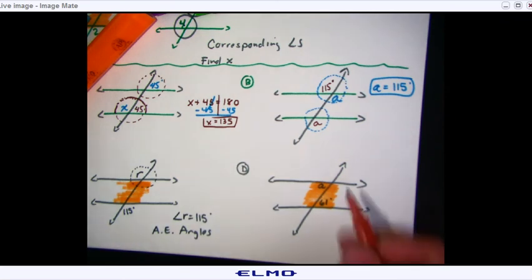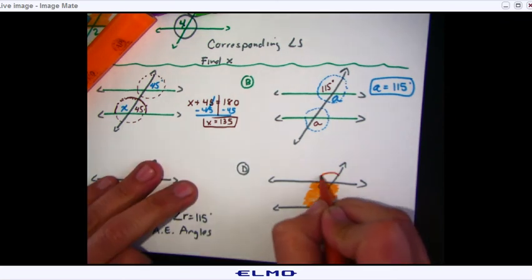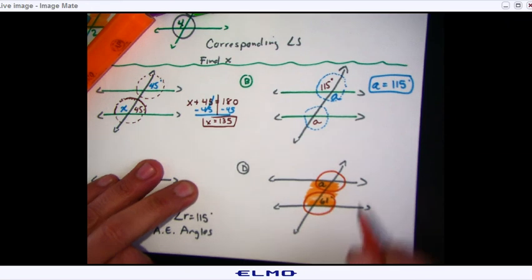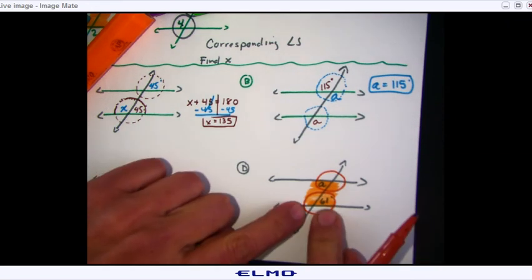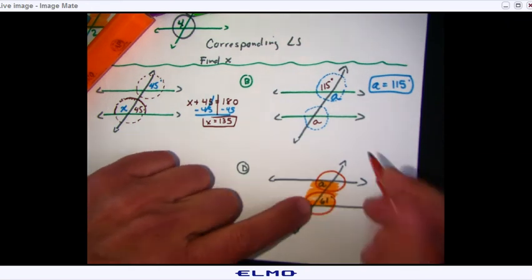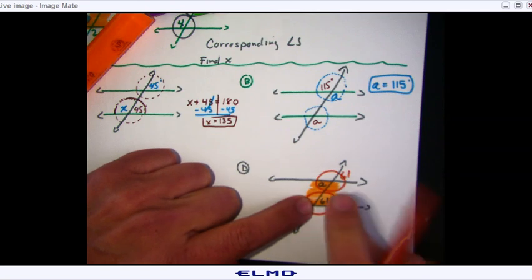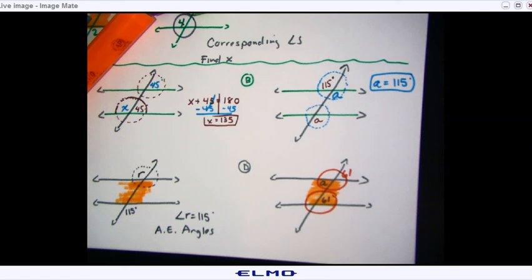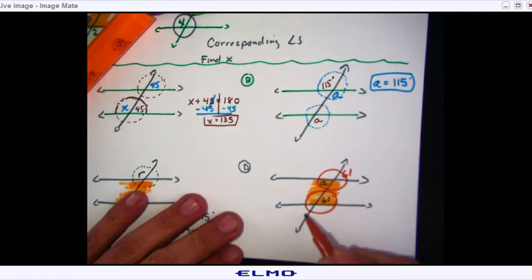If I were to do a circle here, we got two circles, the 61 would actually fall right here, right? So see how they're across from each other? They're going to be the same. Or you could do the A over here.